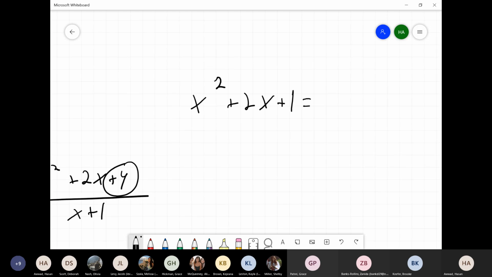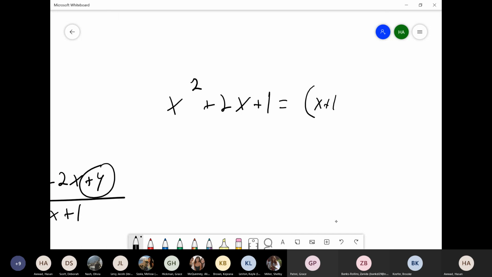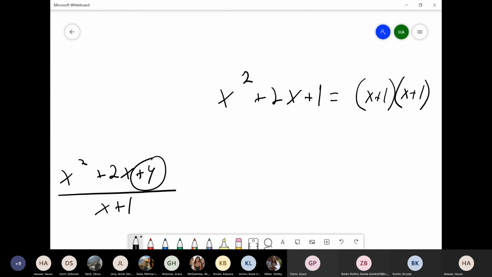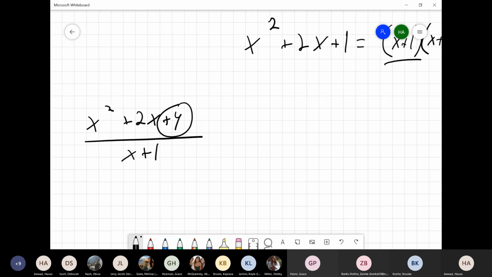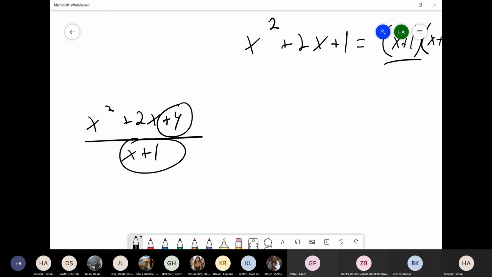Oh, yeah, when I factor it, this is the same thing as x plus 1 and x plus 1, right? So if that 4 was a 1 instead, then we can easily factor this, and we can get an x plus 1 on top. In fact, we get two of them, but we only need one of them because we only have one of them on the bottom.